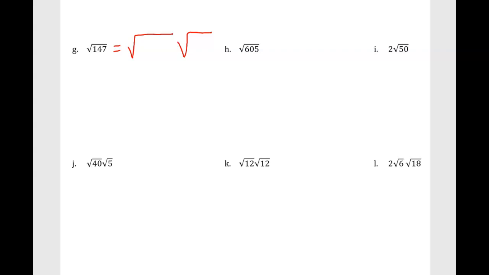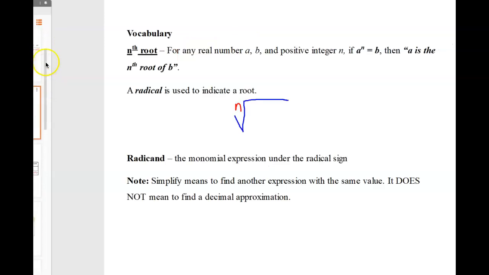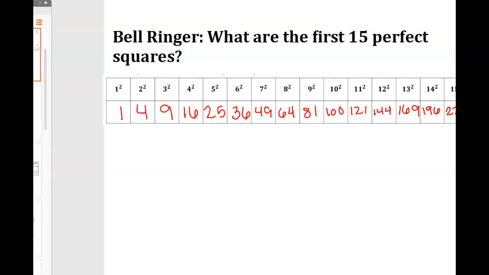So if I go back to my table of perfect squares, I'm going to start taking 147 and dividing it by numbers smaller than itself. Is 147 going to divide by 144? No. So you don't have to bother dividing it by numbers that don't make sense.